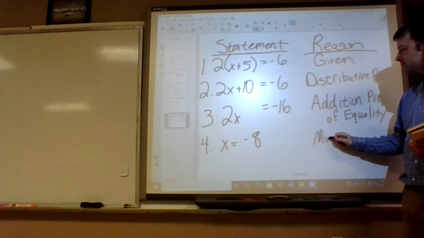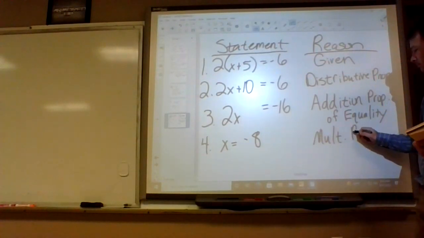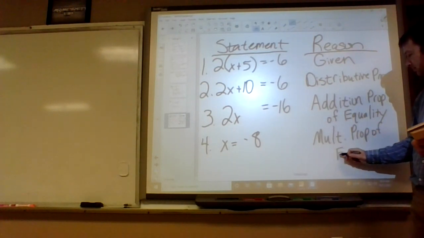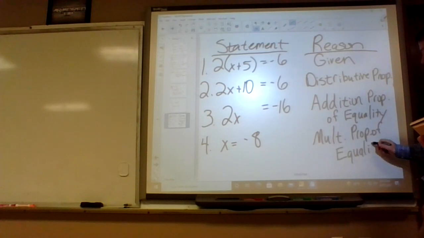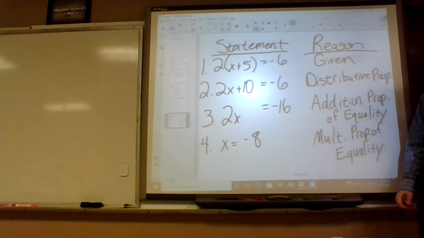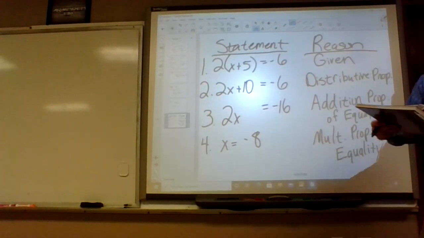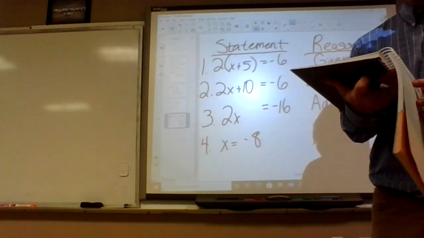Multiplication property of equality. Starting to use more and more shorthand. Are we done? Yes, we are. That's what we're trying to prove. Yeah, but I can't see what you wrote.